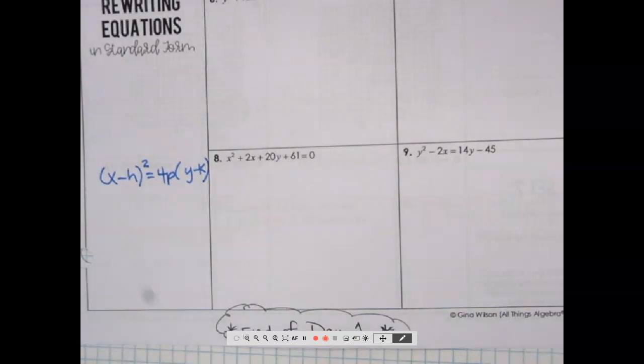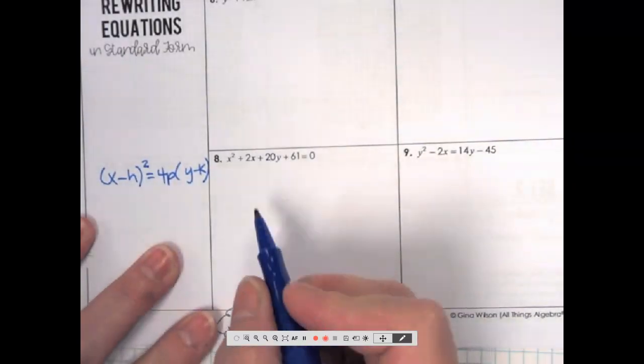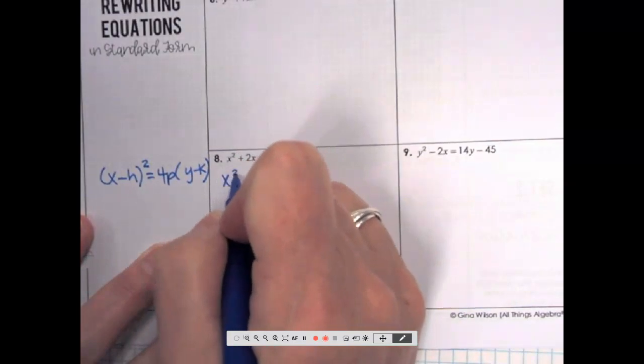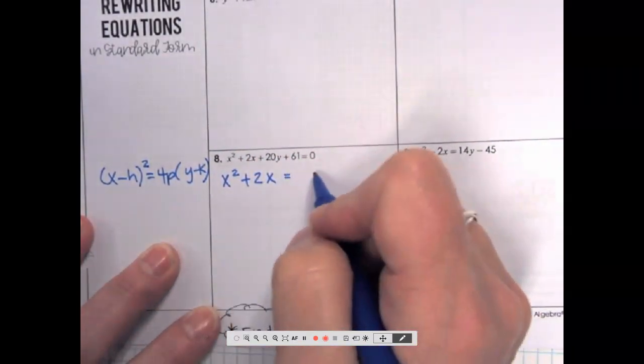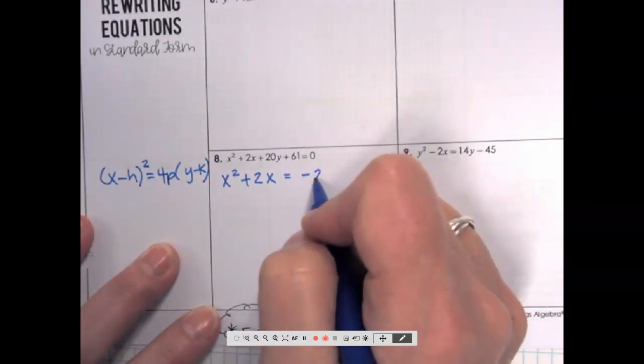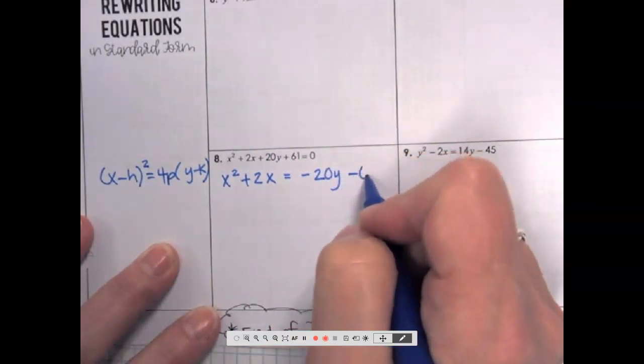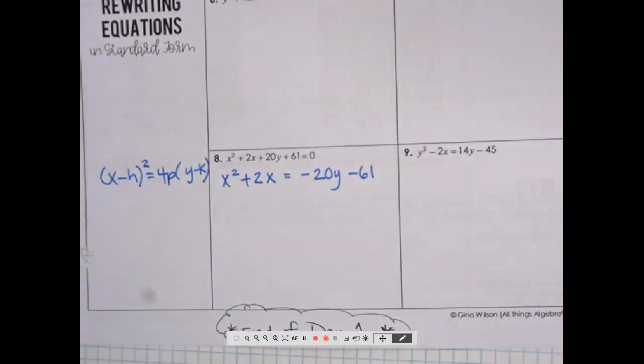What that tells me is I want anything with an x on the left and anything else on the right. X squared plus 2x. I'm going to move that negative 20y and the 61. X is left, y is right, and constant right. Now we're going to do the completing the square part.